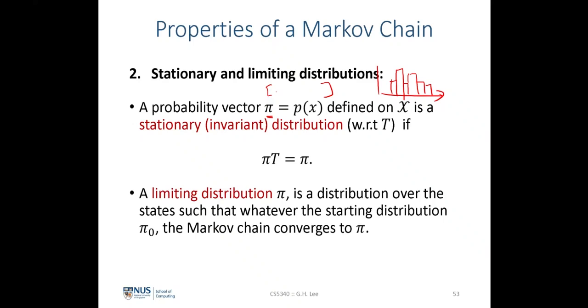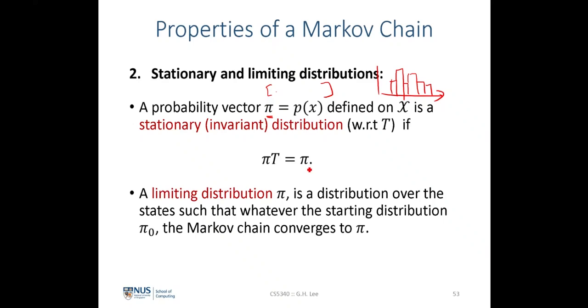And we say that the probability of x at any time, when it transits from one state to another state, becomes the same probability when it transits from one time step to another time step.